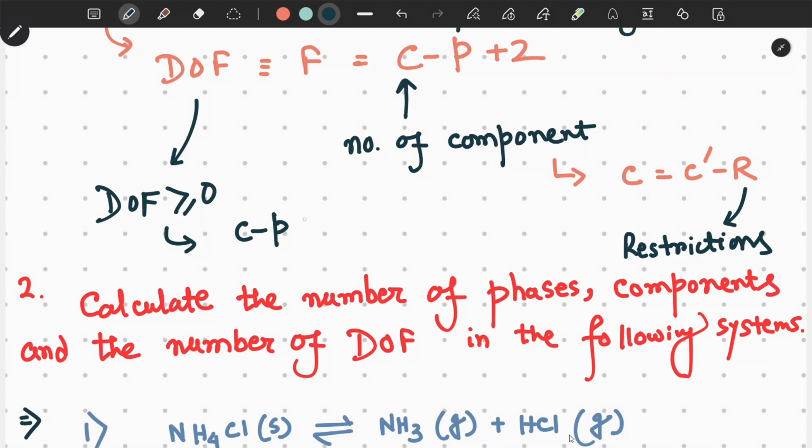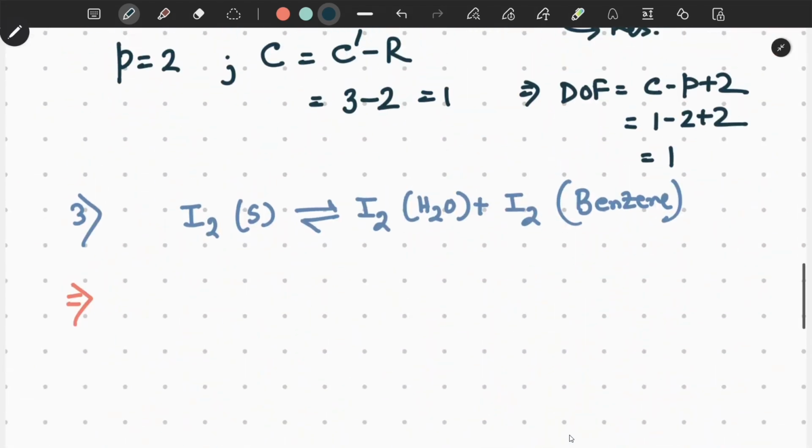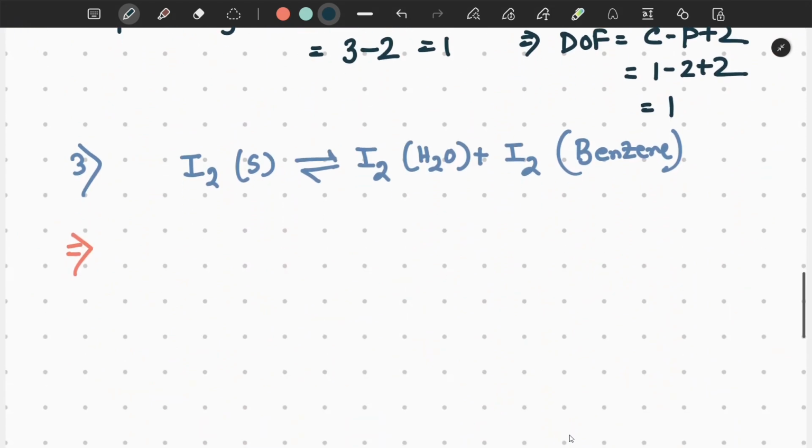So C minus P is always greater than or equal to 2. Or here you can say the component is only 1. Okay, let us check. Phases: how many phases are there? 3. How? One is solid, one is in water, and one is in benzene.